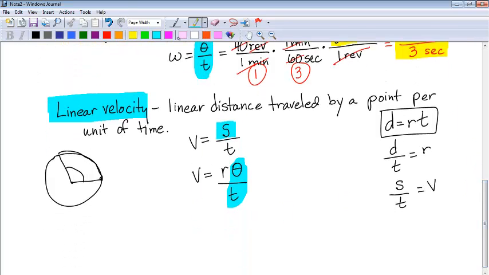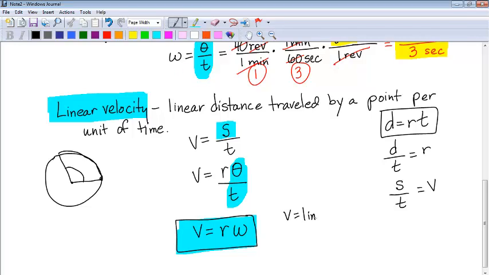So the main formula for linear velocity is v equals r times omega. V stands for linear velocity. The r stands for the radius; over here, the r was the rate. And omega equals angular velocity.